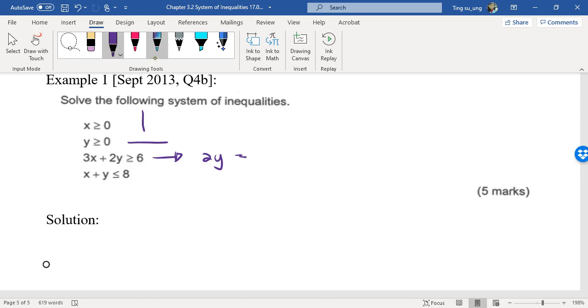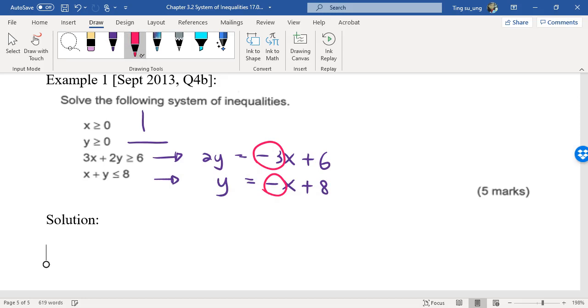So actually you have y equal to negative 3x over 2 plus 3, and this one you have y equal to negative x plus 8. The negative means that your slope is going downward, so you have a negative slope here. Obviously you have all straight lines here, so at least you have a rough idea how the graph looks.